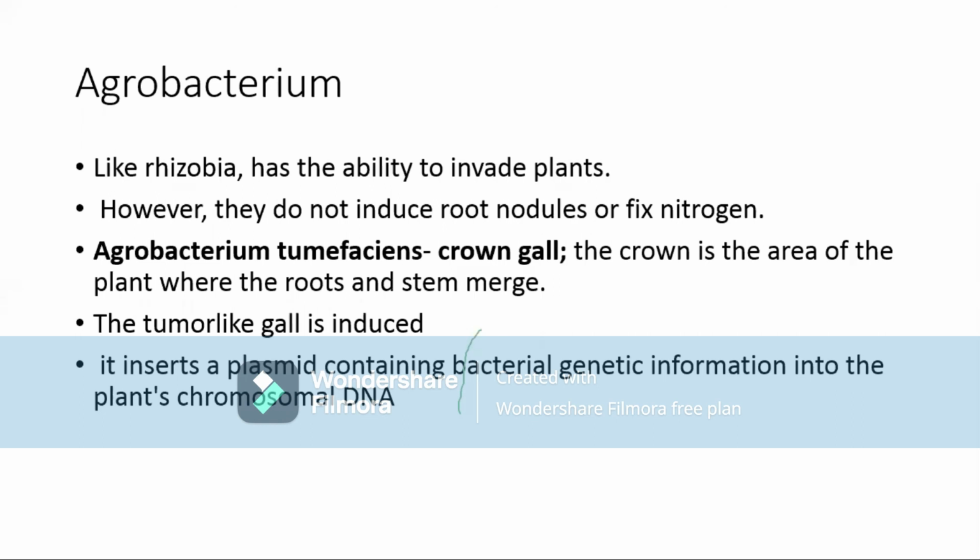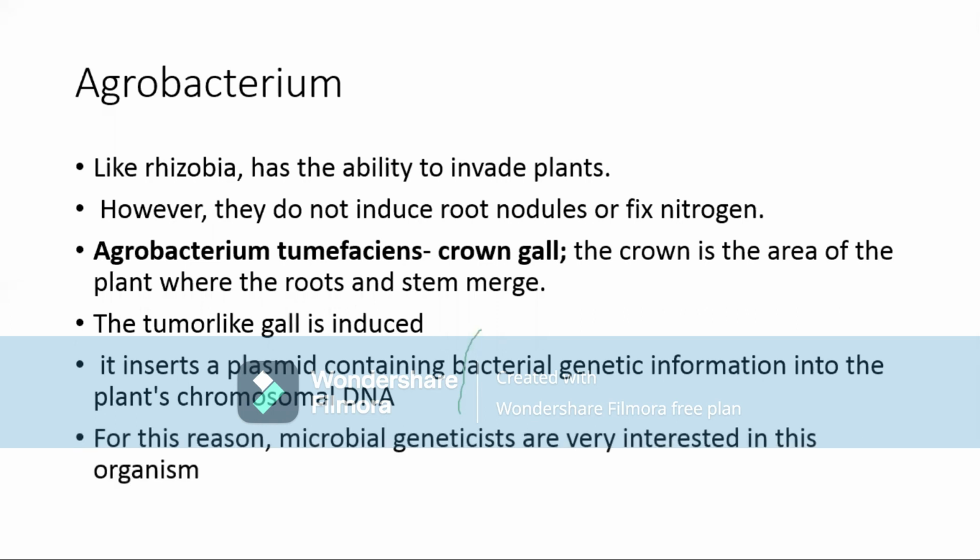This excites biotechnologists and geneticists, that by using this plasmid we can introduce our gene of interest, or the gene of desirable characters, into the plasmid of Agrobacterium tumefaciens, and whenever it infects that plant, that character will be expressed by the plant. So Agrobacterium has this much potential.